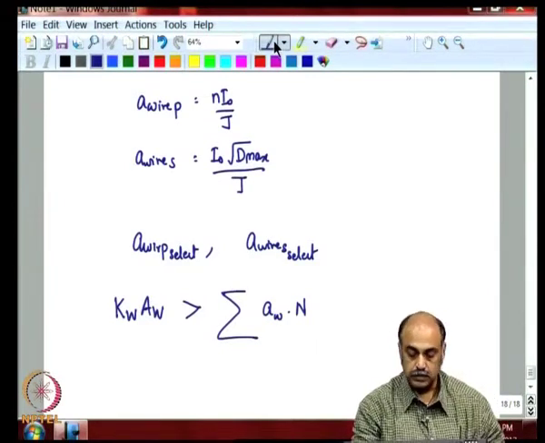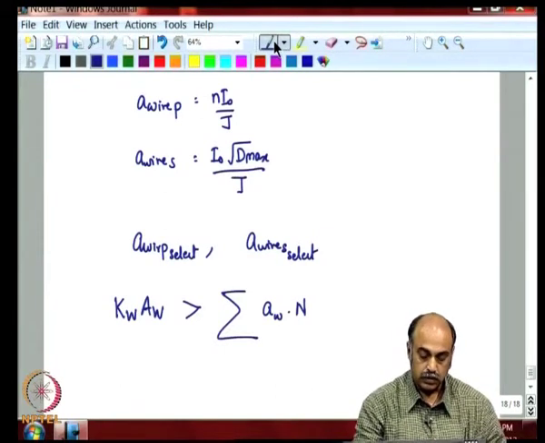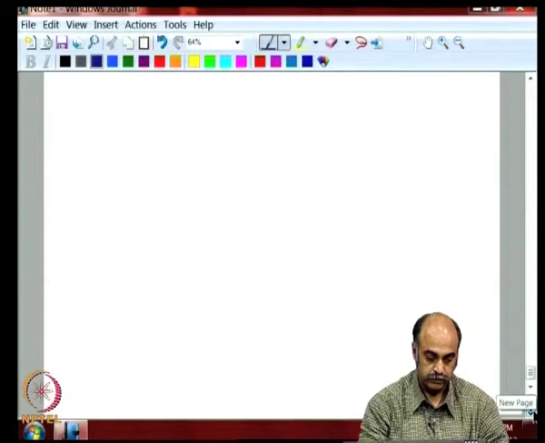Now, after that is done, you would then try to design the inductor.